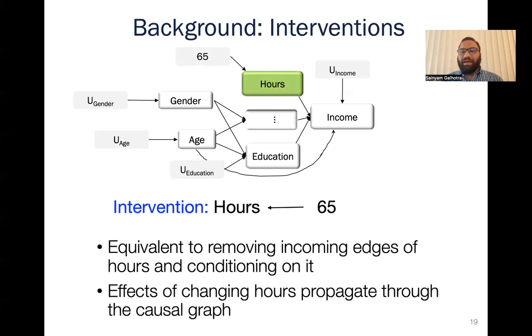That is, cutting all incoming edges of hours and then adding a constant value 65, which is the intervened value of that attribute, as the parent of that node. After performing this intervention, the after effects of the change propagate through the graph and impact its descendants, like income in this case.